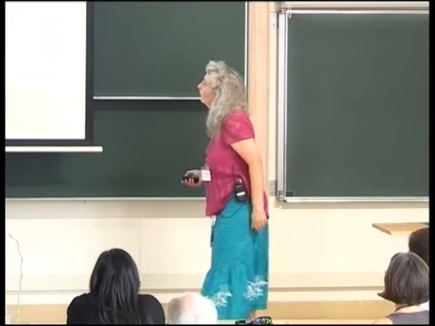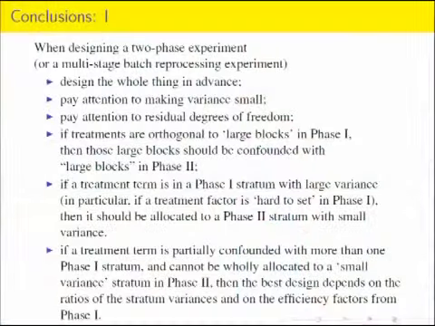So what are my conclusions? As I say, these are things that I don't need to tell you, but I am telling you anyway. So I've talked specifically about 2-phase experiments, but we've seen earlier in the week that multi-stage batch reprocessing experiments work in a very similar way. Think about the whole thing right at the start. Think about small variance. Think about residual degrees of freedom.